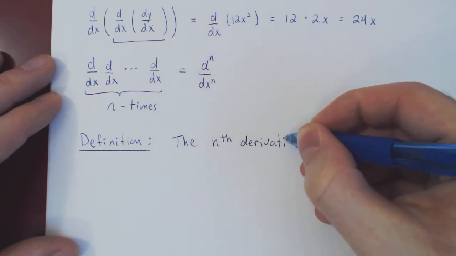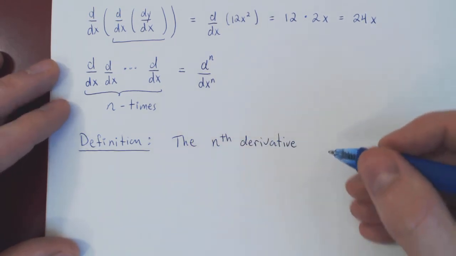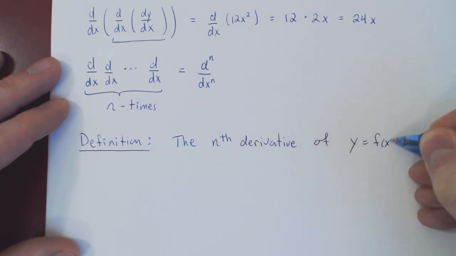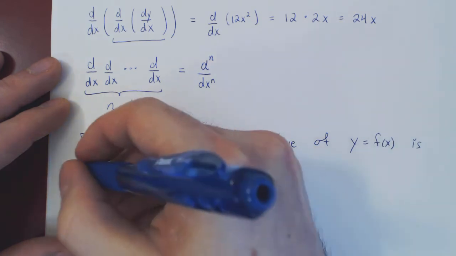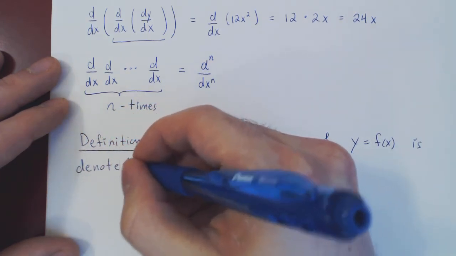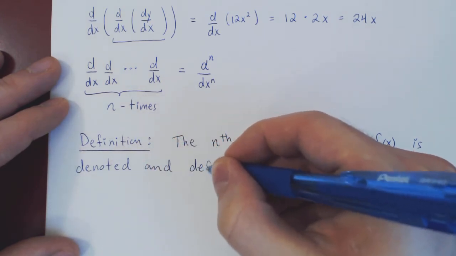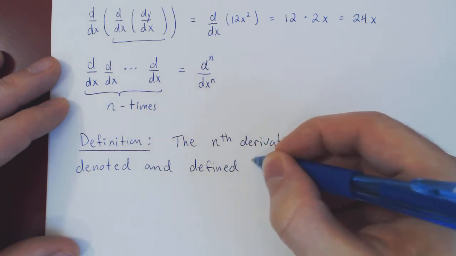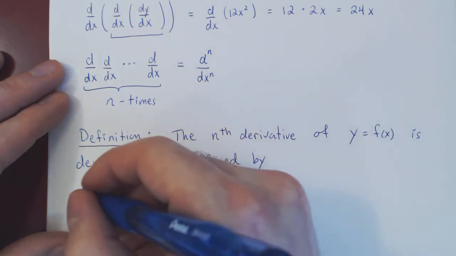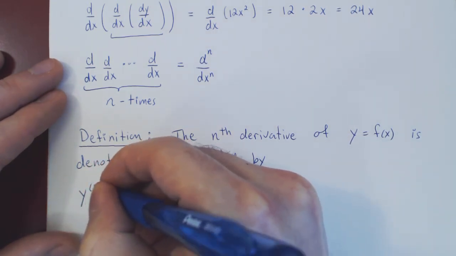Of course, here implicitly n is a non-negative integer. So the nth derivative of the function y equals f of x is denoted and defined by, so here's several ways of denoting it. You can write y with, in brackets, an exponent n.